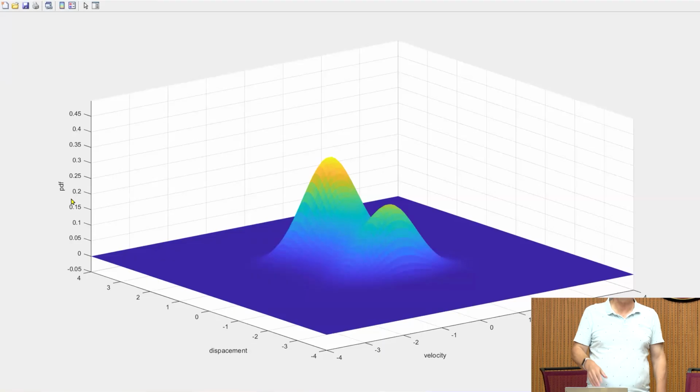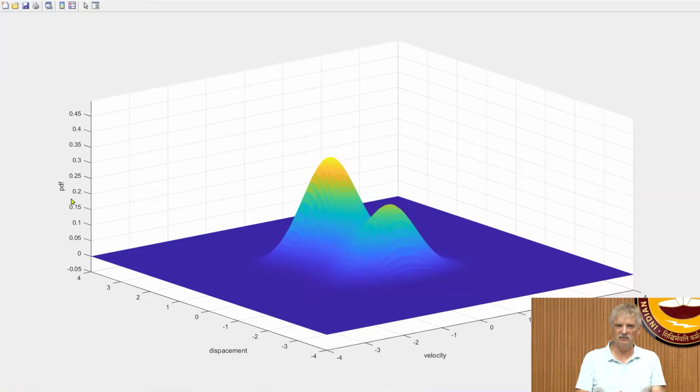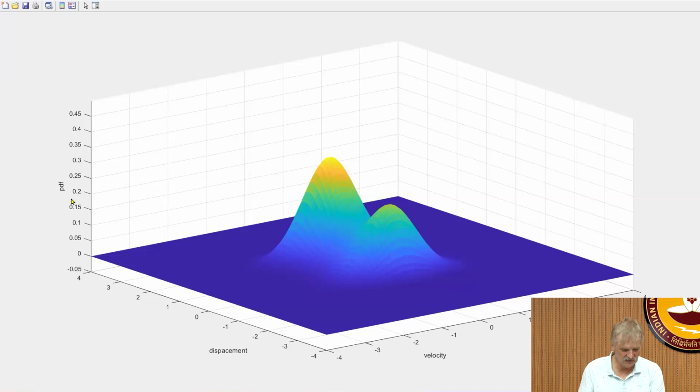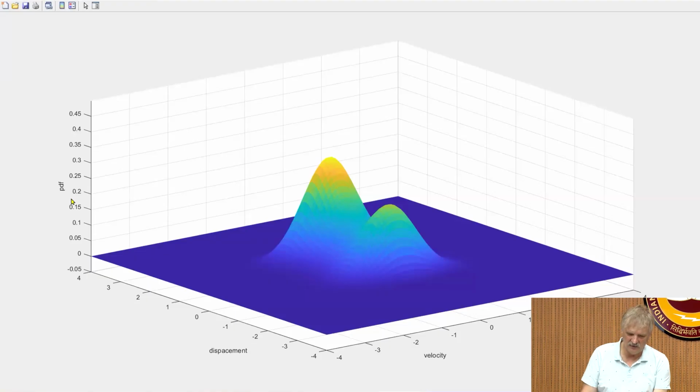This is quite a difficult topic, this Fokker-Planck, and we were working on this topic like 12 years ago, and recently, in 2021, we renewed some results, and then we provided another algorithm for calculation.